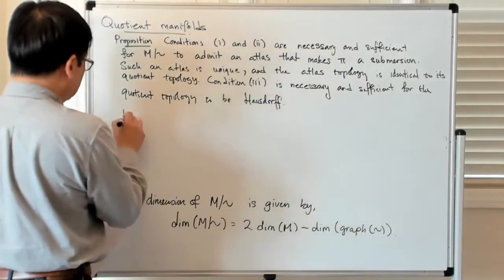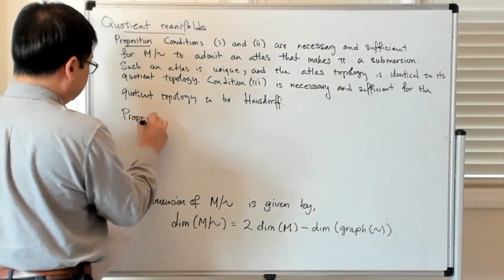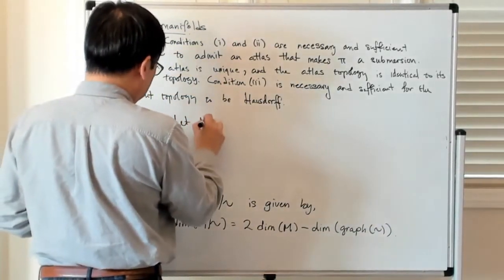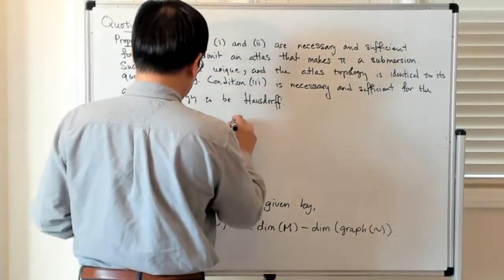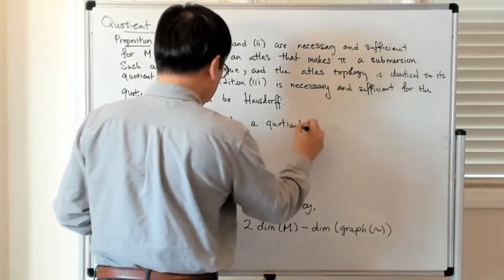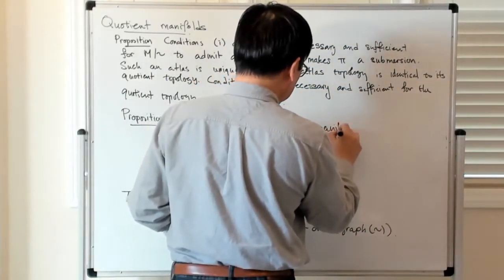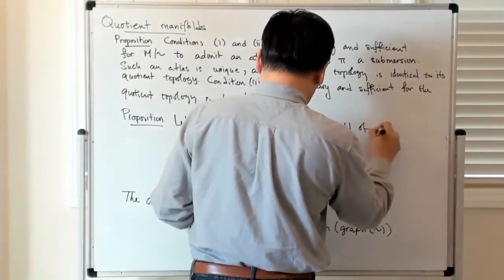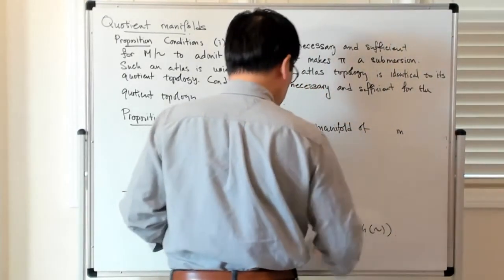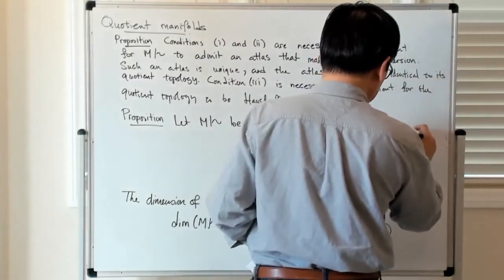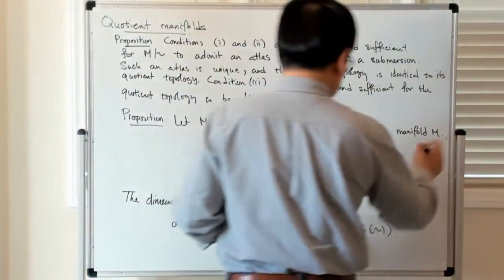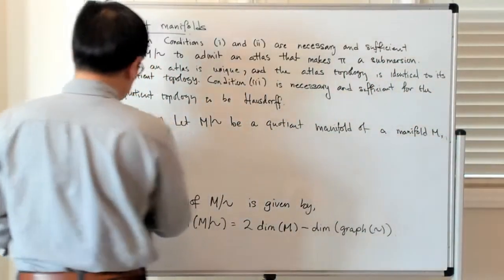So proposition: let M quotiented by the equivalence relationship be a quotient manifold of the manifold M, and let pi be the canonical projection.